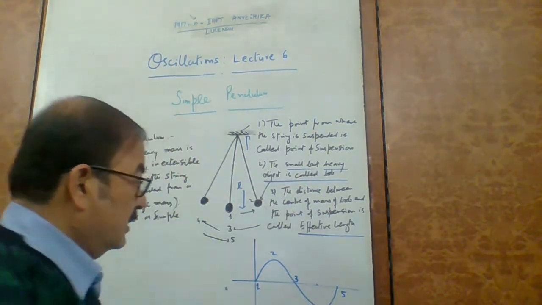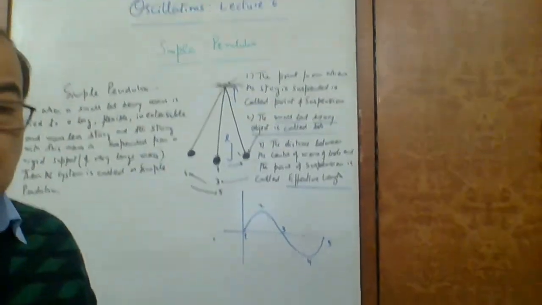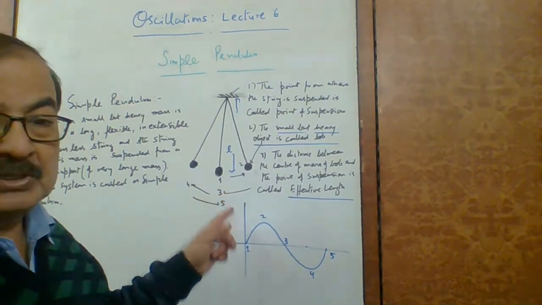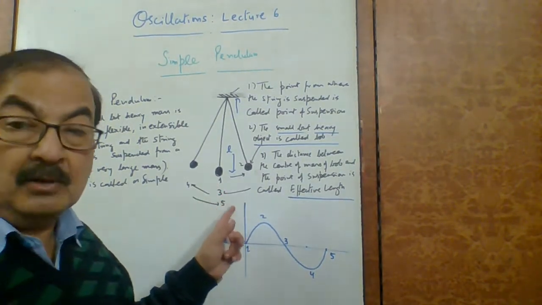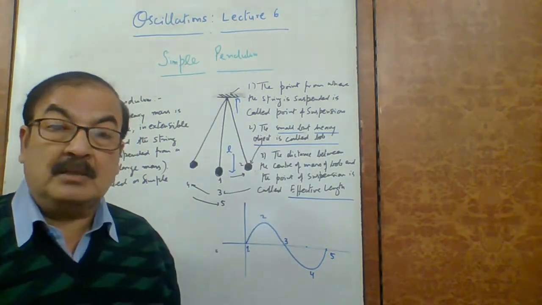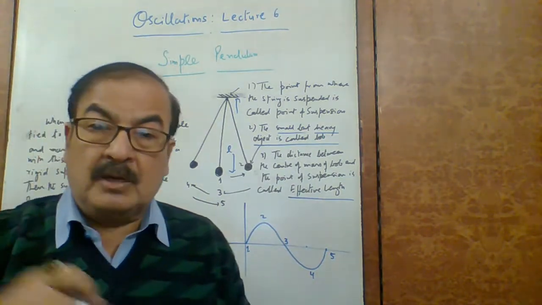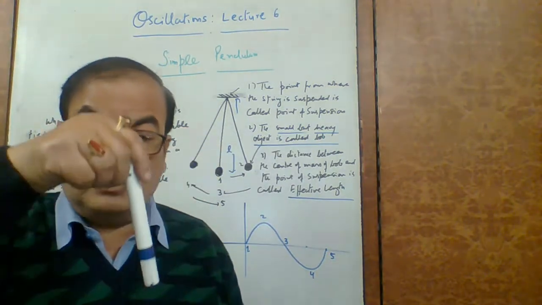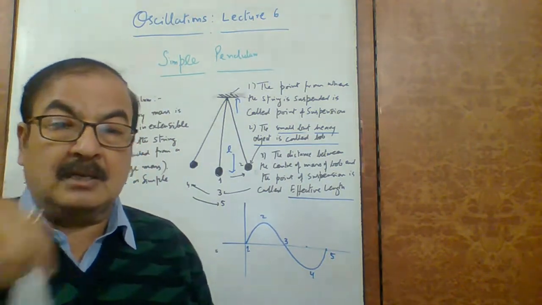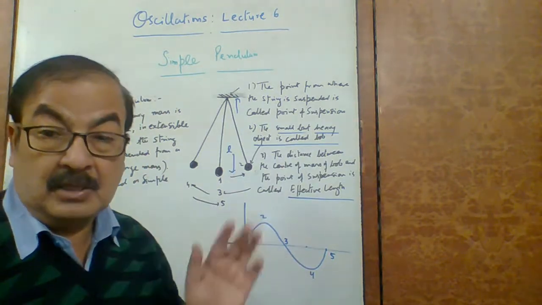You can very easily see that 1, 3 and 5 are actually the same main position. This is in fact the main position or the equilibrium position. About the main position, it is in fact oscillating. It can oscillate from one position to the other and then come back to this and then again go in the other direction and keep on oscillating like this, and it can make a complete oscillation.